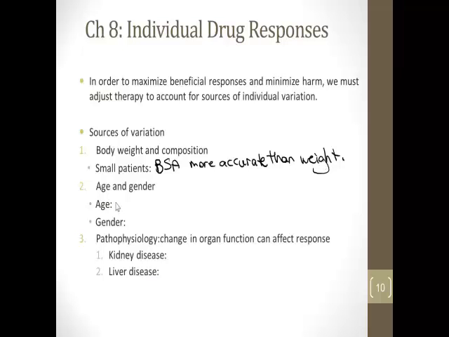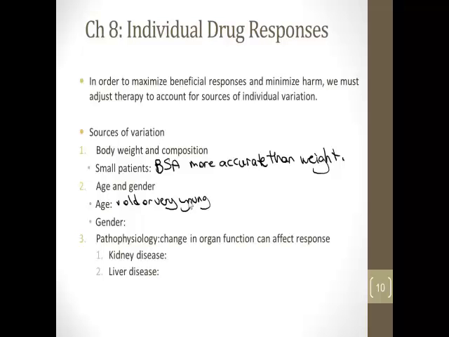As we said before, the very old or very young are most likely to have variations in their responses to drugs, because the very young have immature organs, and the very old have very old organs. Gender, there's also some data to suggest that men versus women respond differently to certain drugs. All right.